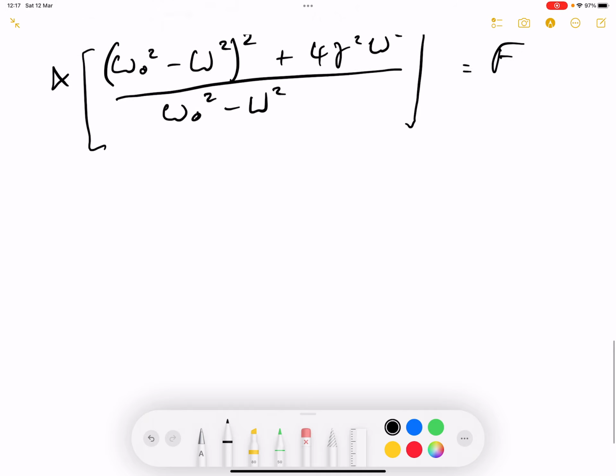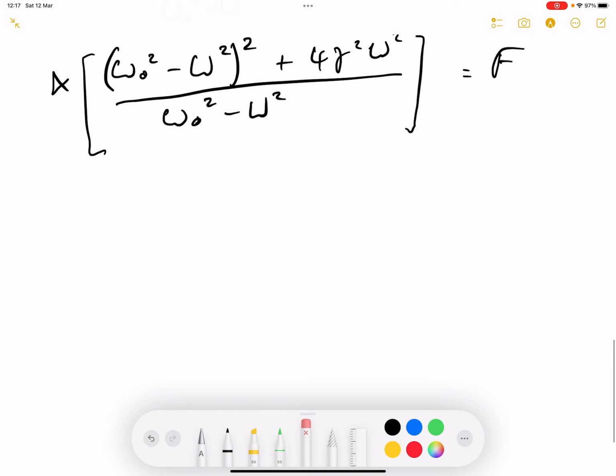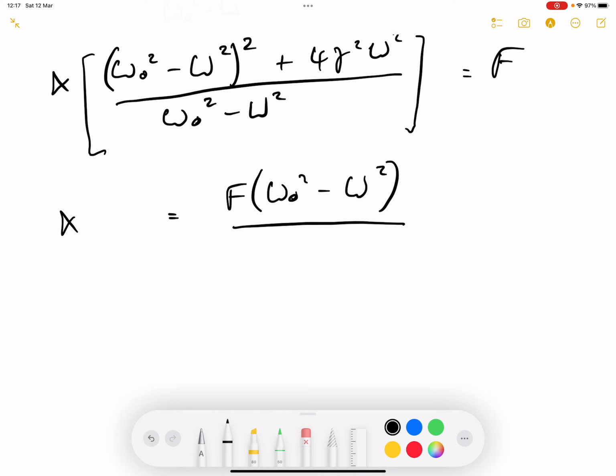Equals f. Right, and we want to find alpha, so alpha is simply equal to f times omega naught squared minus omega squared over omega naught squared minus omega squared, all squared, plus 4 gamma squared omega squared.